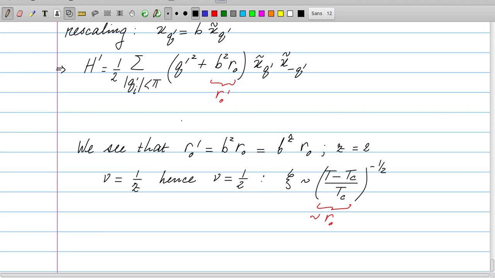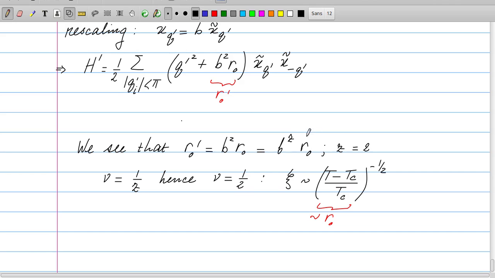Now, if we look at this result from a renormalization theory standpoint, we see that r0 primed, which is the only parameter in the model, is b squared times r0. Now, according to the renormalization theory, that relation should be b to the power z, where z is the so-called scaling dimension, times r0.